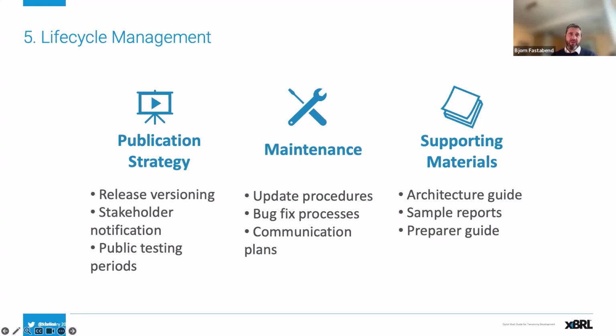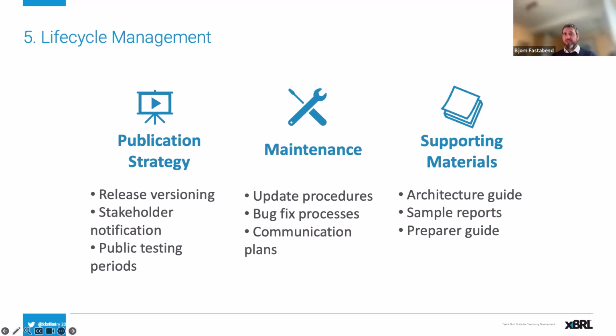It'll make your life and those of your filers a lot easier in the long run. And as I mentioned before, you do need to have update procedures, bug fixing, and communication plans. Like I said, communicate early and as openly as possible about your plans for updating and maintaining the taxonomy.